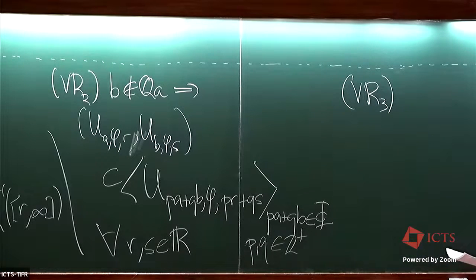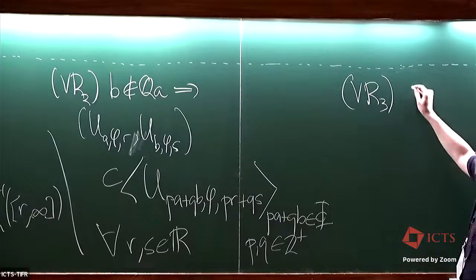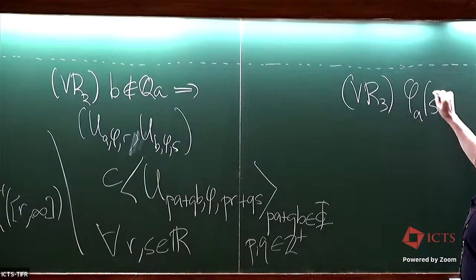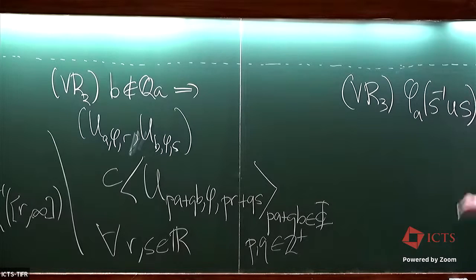And then the last axiom, V3, has to do with how the torus interacts with conjugation on the root group. If you hit it on the inside with conjugation by s inverse, I'm just writing the formula that I wrote yesterday, for all u and all s.